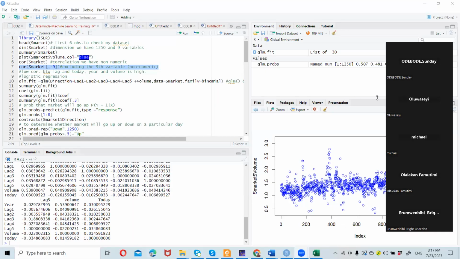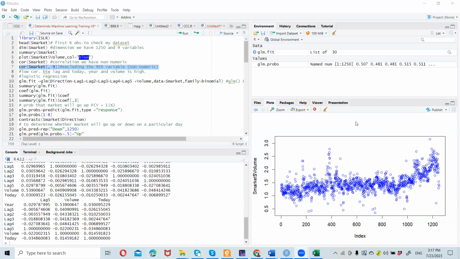Can you see the code? Can you see it? Yes, I can see it. Okay, good. So we are in line 8. Go ahead. So line 8.